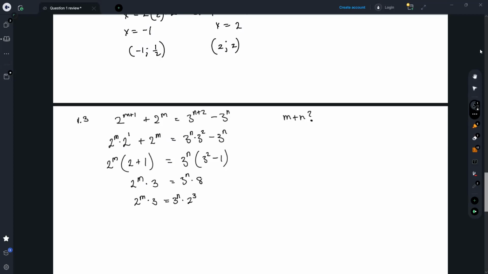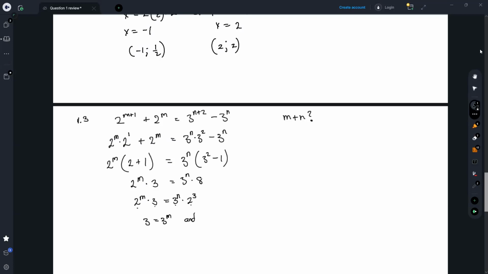Okay, now by the power of the equal sign, it says that whatever is on the left is equal to whatever is on the right. So on the left, we have a 3, and on the right, we have a 3 as well. And it's multiplying a 2, and it's also multiplying a 2 this side. So it means that I can say this 3 belongs to this 3 to the power n.